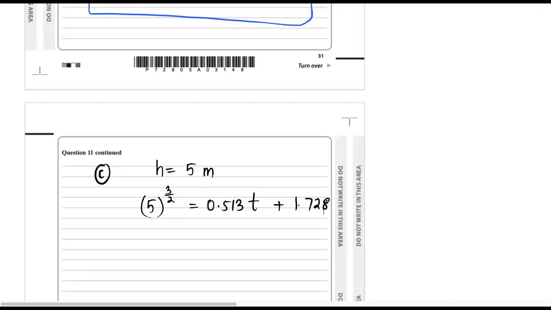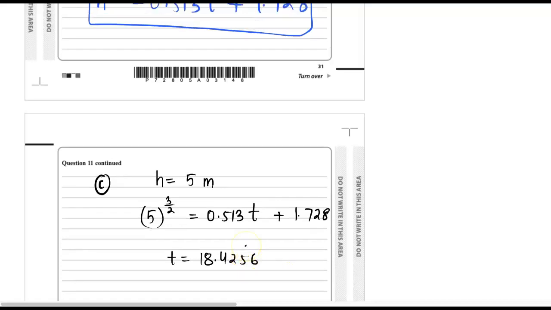That gives me t equals 18.4256, so 18.4 something.